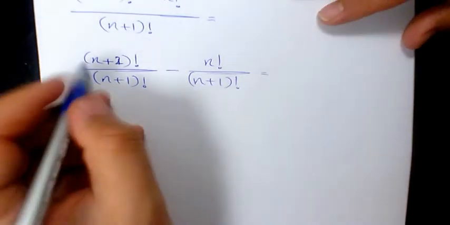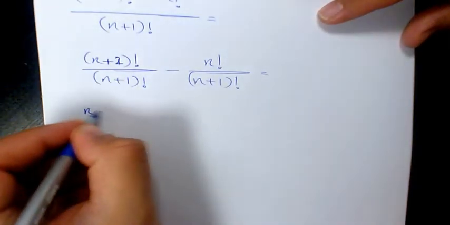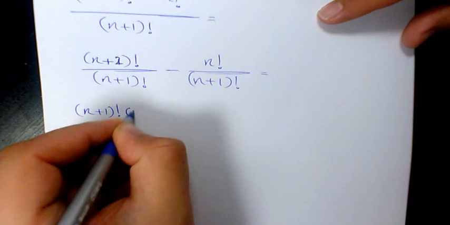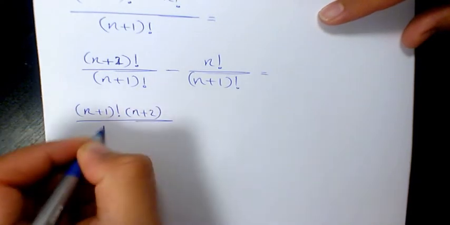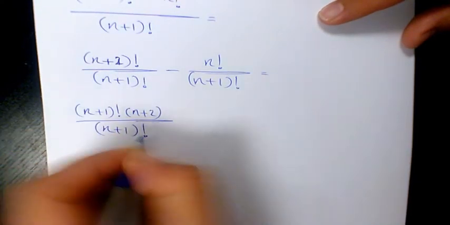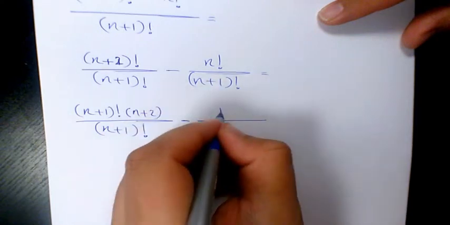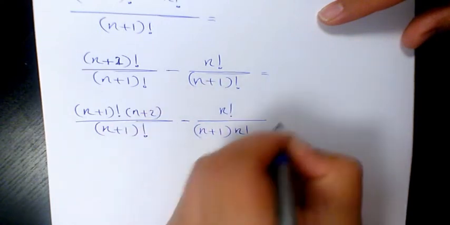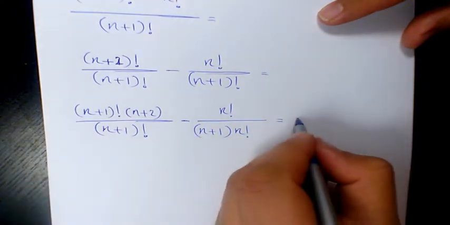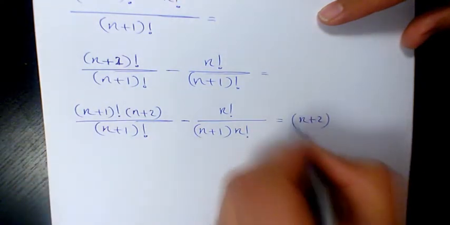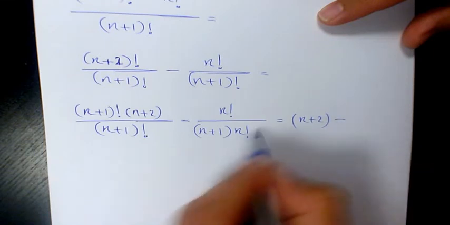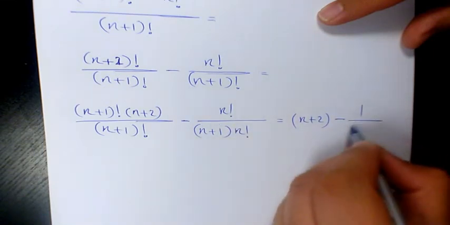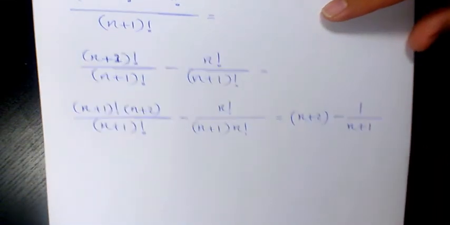Then you simplify the numerator here as n plus 1 factorial times n plus 2 divided by n plus 1 factorial. And here you're going to have n factorial over n plus 1 times n factorial, which is going to give me n plus 2, because these two cancel out, minus, when these two cancel out, 1 over n plus 1.